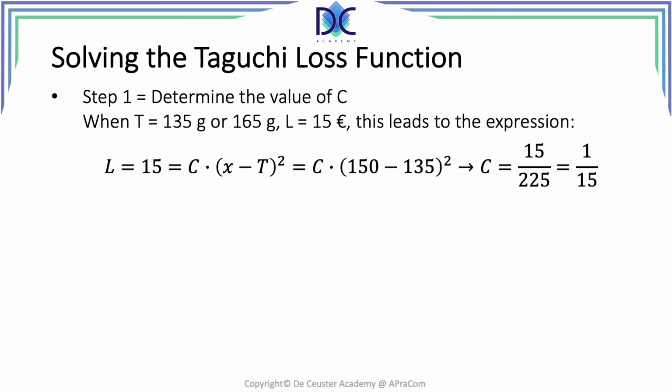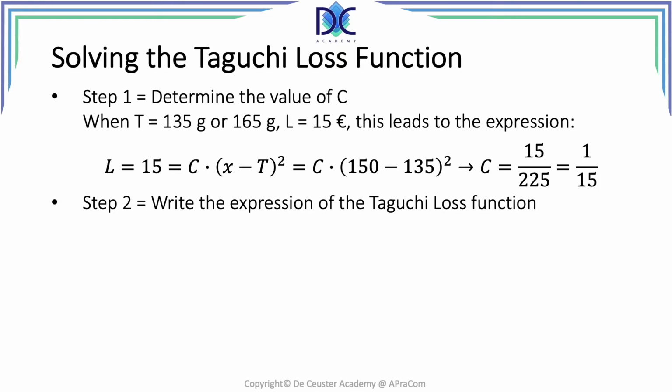And this leads to the expression that L is 15 euro, which is C times X minus T to the square, so C times 150 minus 135, to the square. We had T in this case on the lower control level to be 135. And then we find that the coefficient C is 15 divided by 225. 225 is 15 to the square. So basically the coefficient C is 1/15.